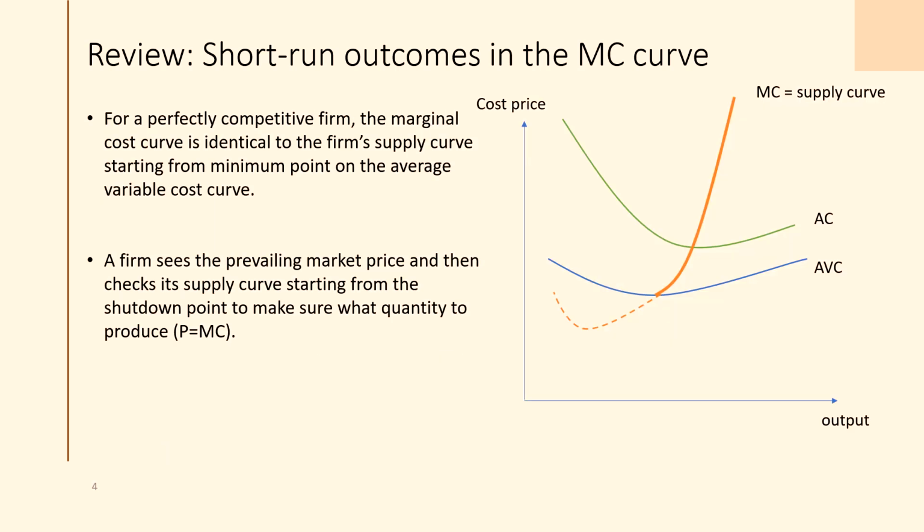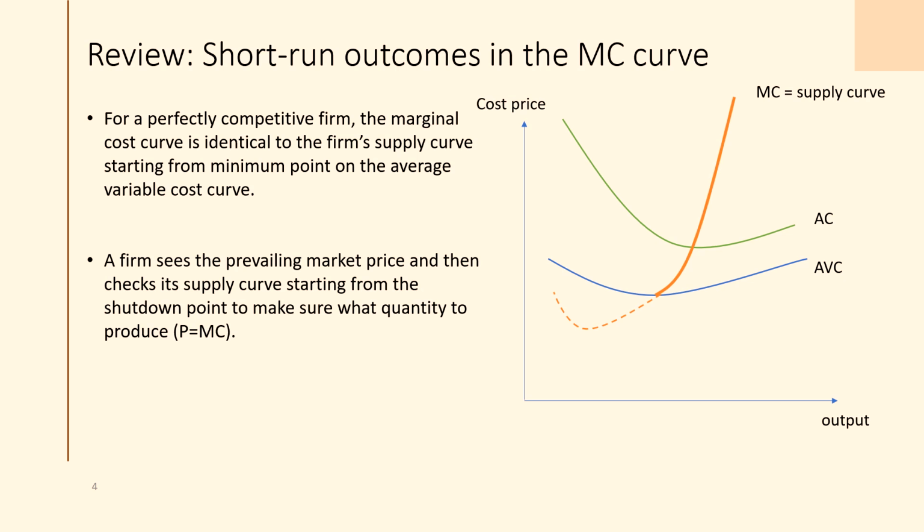Now let's connect this to the firm's supply decision. For a perfectly competitive firm, the marginal cost curve becomes the firm's supply curve, but only starting from the minimum point of the average variable cost curve. This means the firm only supplies output when the price is high enough to cover variable costs in the short run.